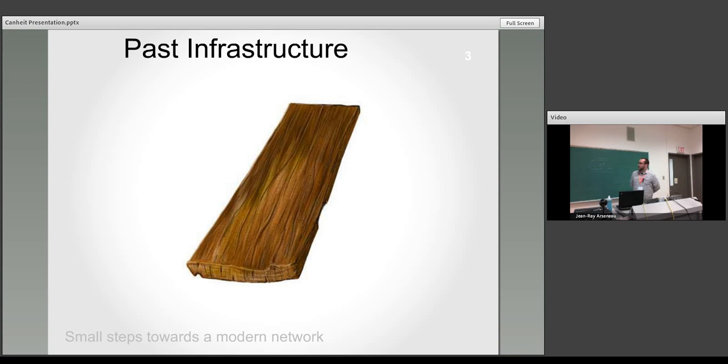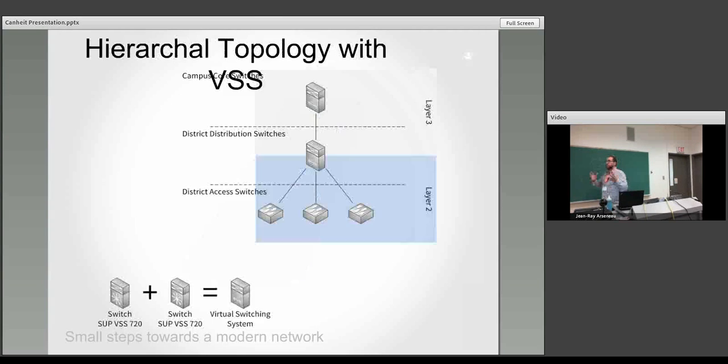So we went towards the good old trusted and tried hierarchical topology, but we also leveraged the VSS, Cisco VSS technology. So for us, we're using VSS at the core and at the distribution level. Basically, it allows us to use two 6500 Catalyst switches as one.